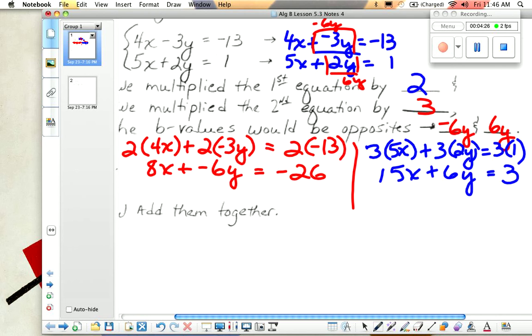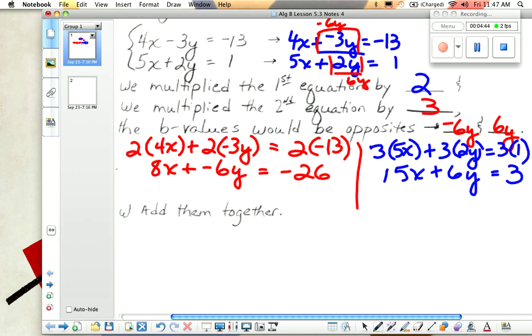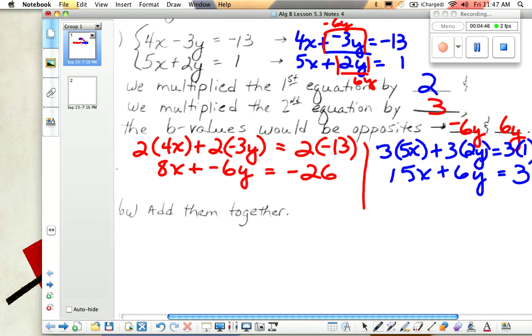At this point, you want to look at them and say, do I have some opposites? Are my x's either opposites or are my y's? Because if they aren't, then your multiplying did not work. You have to go back and either multiply by a different number or check your multiplication. Because now we can get ready to add them together.